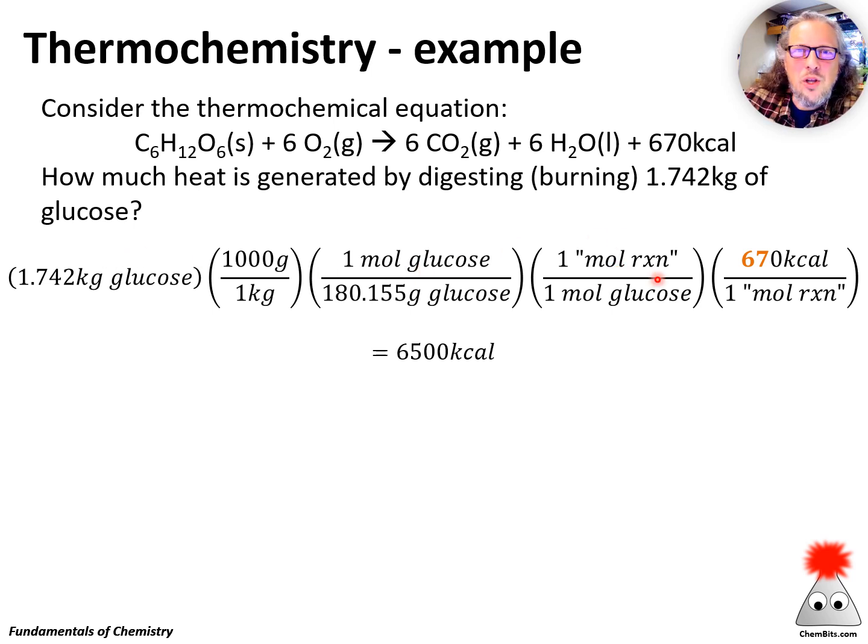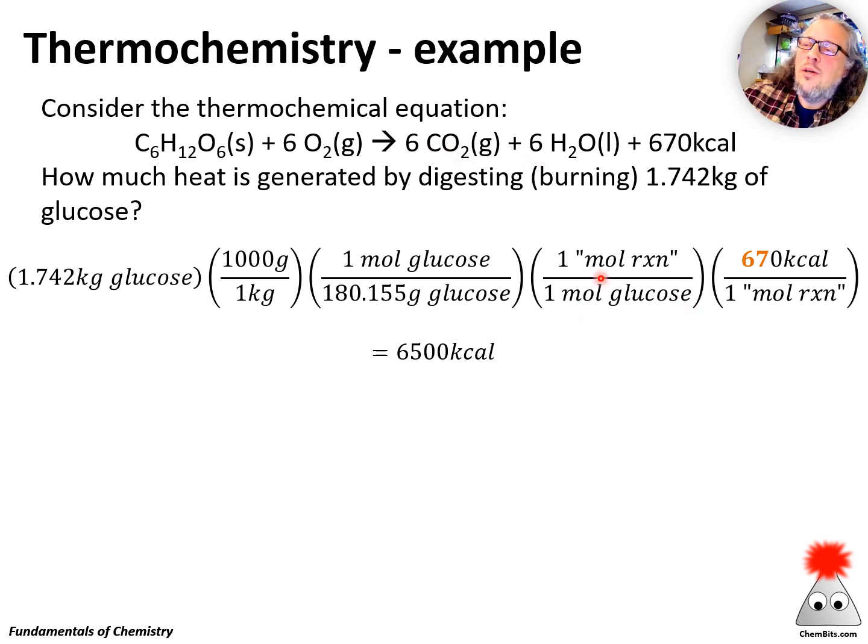What is a mole of reaction? Well, if we think about a chemical equation as being a molar chemical equation, right? 1 mole of glucose, 6 moles of oxygen, 6 moles of carbon dioxide, 6 moles of water, then we can sort of describe this happening once as a mole of reaction.